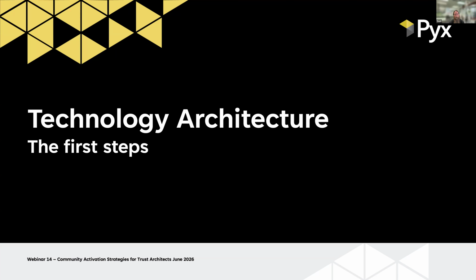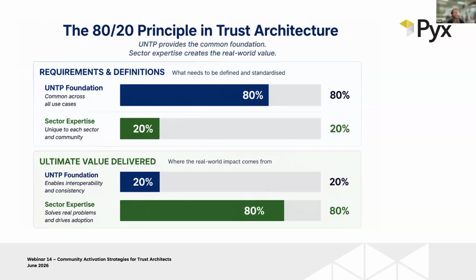And so this is where I want to talk a little bit about the extensions model of UNTP. One of the things that we found is that the UNTP Foundation is designed to cover about 80% of an organization's needs when it comes to data interoperability, data standards, traceability, verification, discovering information.